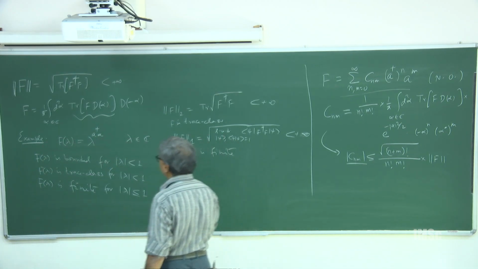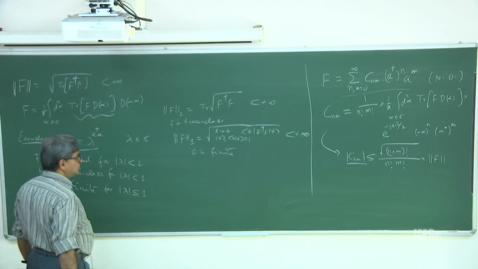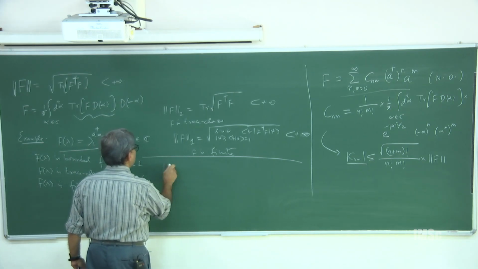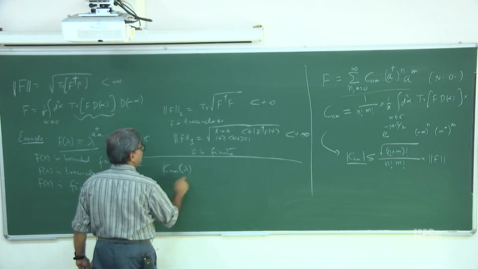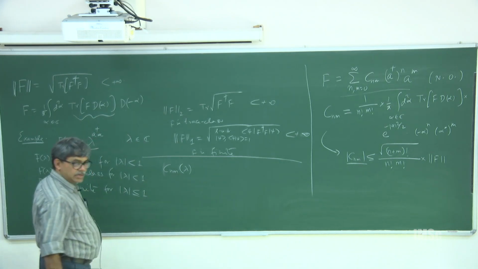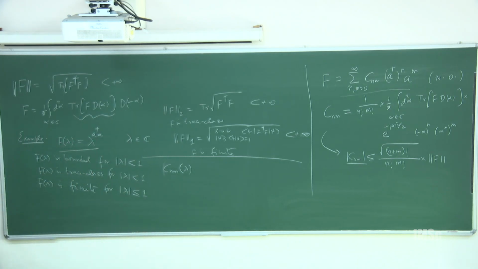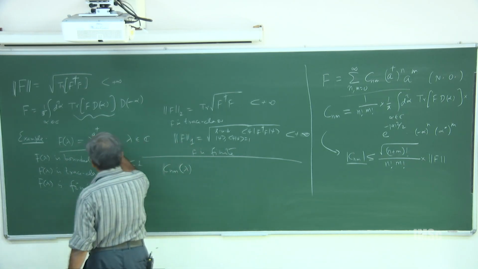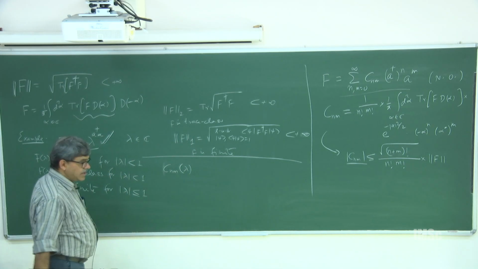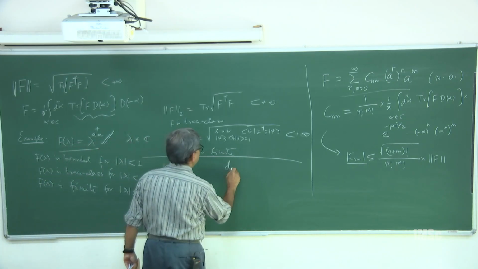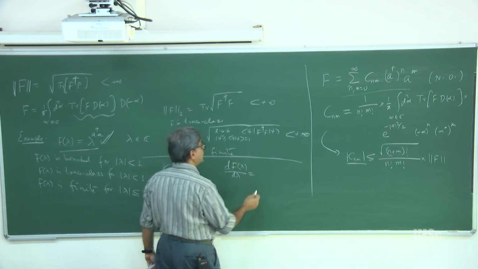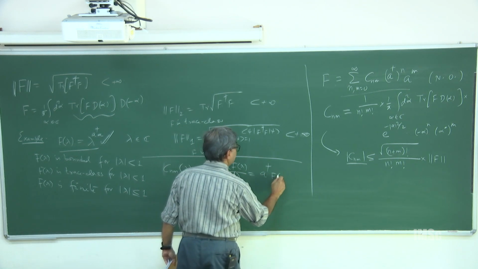Now, for this example, this is what we wanted to figure out: what will be the C n m lambda for this f lambda? We said that if you take this expression for f lambda, then it satisfies the differential equation d f lambda d lambda, which is basically of the normal ordering form a dagger f lambda a.